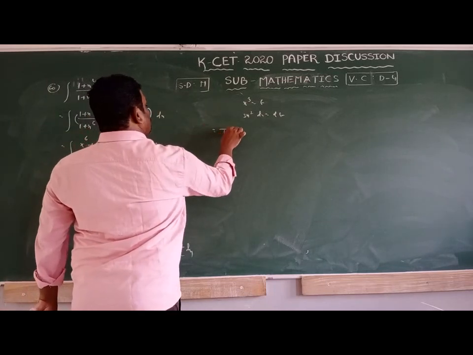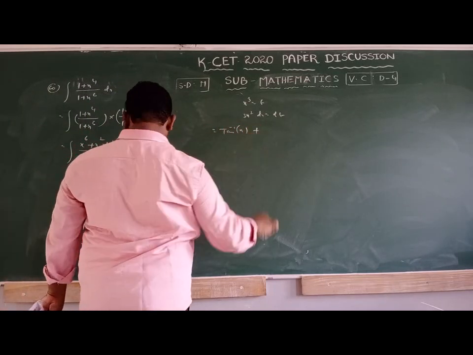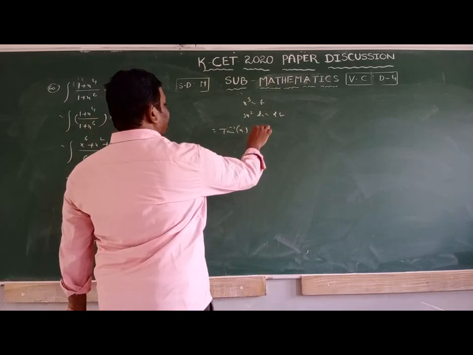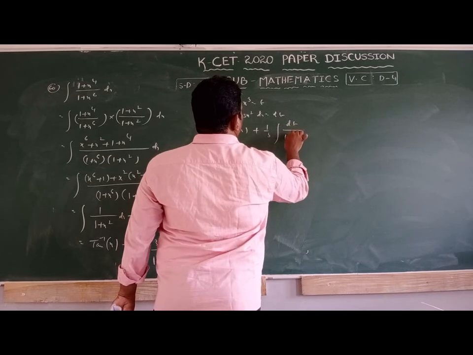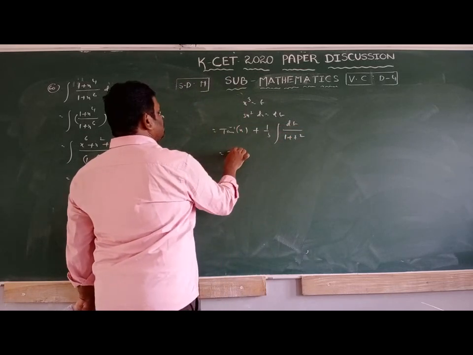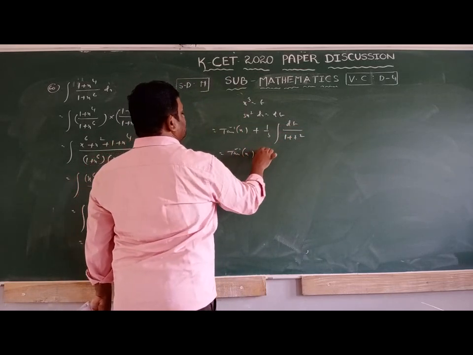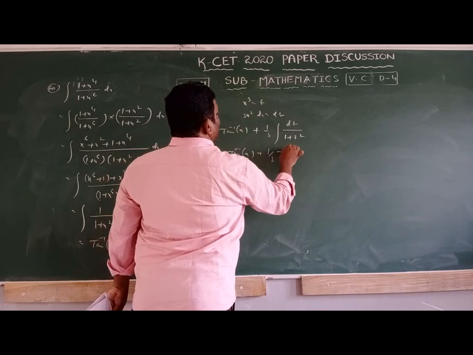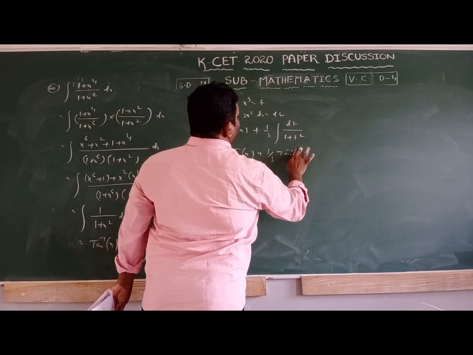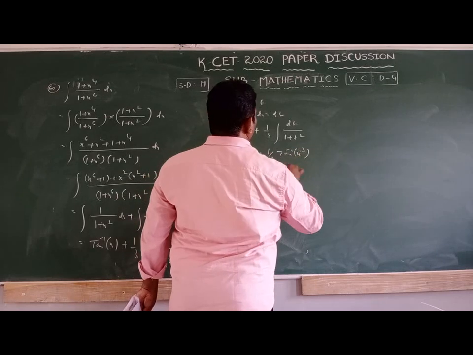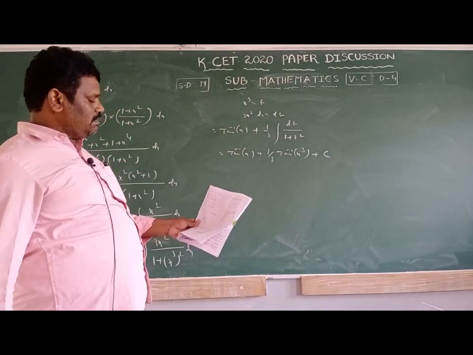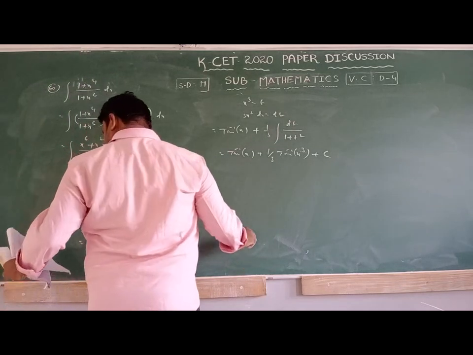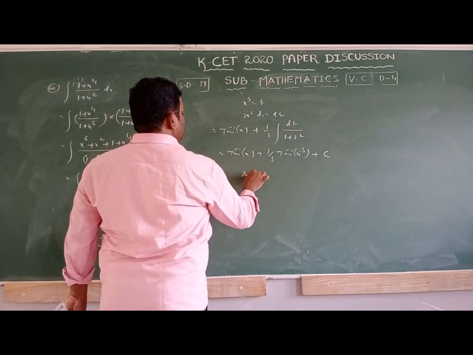That gives tan inverse of x plus 1 by 3 integral of dt by 1 plus t square, that is tan inverse of x plus 1 by 3 into tan inverse of t, which is tan inverse of x cube, plus c. So tan inverse of x plus 1 by 3 tan inverse of x cube plus c. So option C, the answer is C.